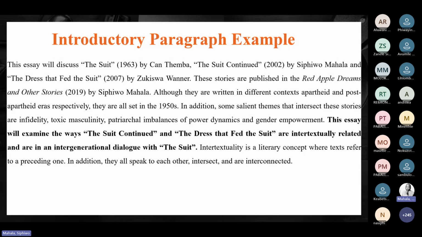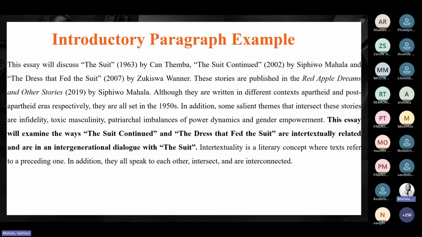this introduction captures. In other words, she says this essay will discuss "The Suit" (1963), which is the year it was published. All right, and look, the suit is in inverted commas. "The Suit" by Can Themba, "The Suit Continued" by Scipio Mahala, and "The Dress that Fed the Suit" by Zukiswa Wanner.